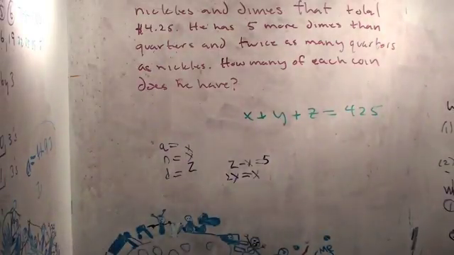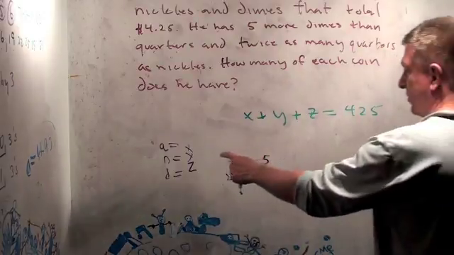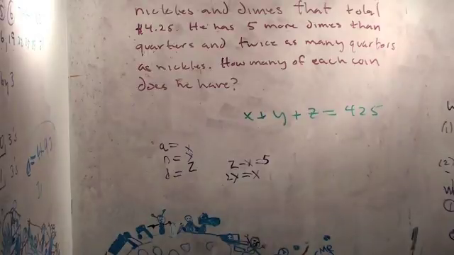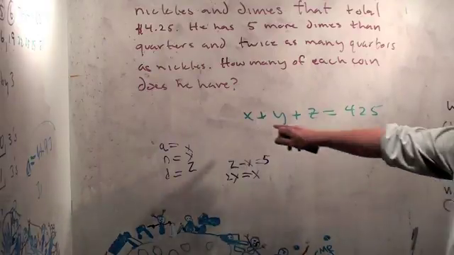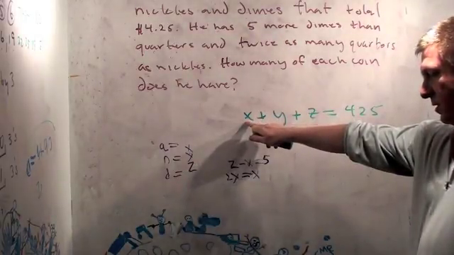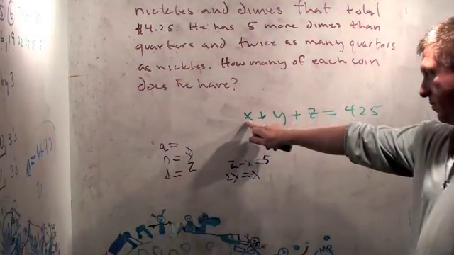But what does equal $4.25? X is the number of quarters. If you have 4 quarters, how much is that worth? $1. How about 3 quarters? 75 cents. So what do you have to do to the number of quarters, X?